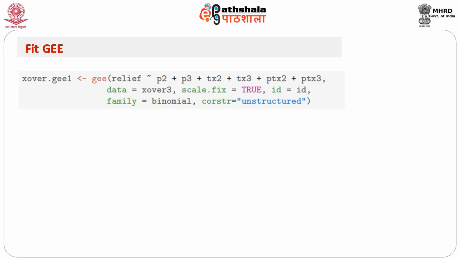So, we are again using the GEE function with the model, and we are having a fixed scale, so the phi parameter is not here, and we have used the correlation structure to be unstructured. So, here it is not exchangeable, but unstructured. We can very well use the exchangeable correlation structure also.